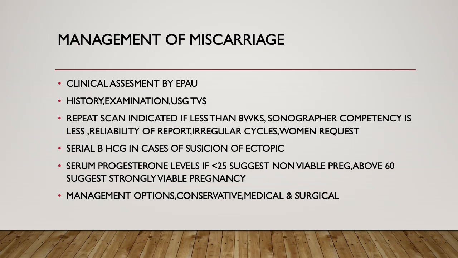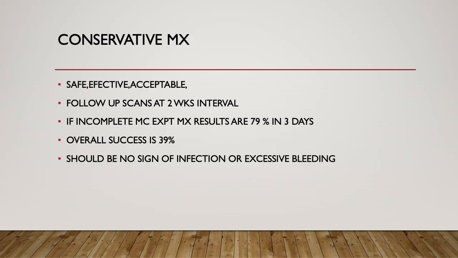Now, management options. There will be 3 options for management: conservative, medical, and surgical. Conservative management is safe, effective, and acceptable to the woman. Follow-up scans will be required at 2 weeks. In incomplete miscarriage, expectant management results in 79% clearance of pregnancy in 3 days.